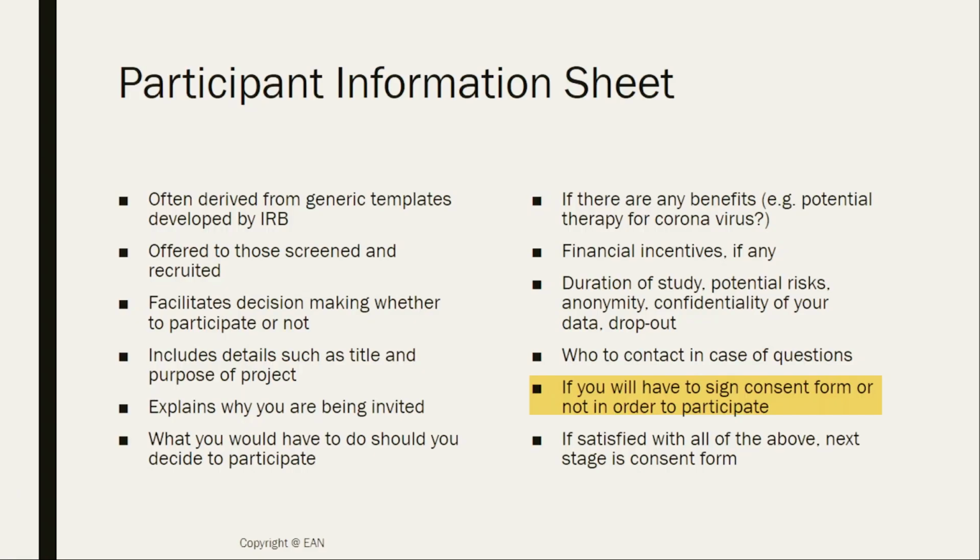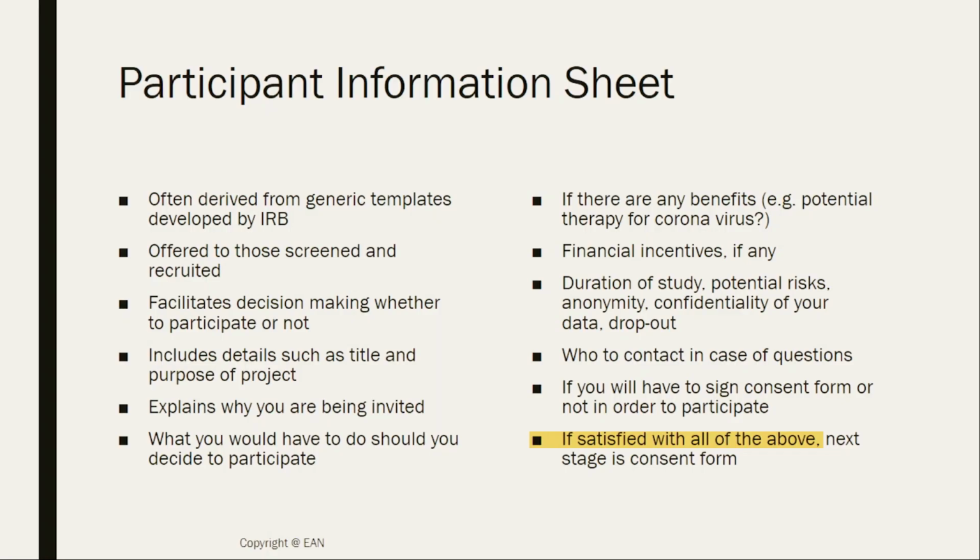Whether you will have to sign a consent form or not in order to participate, this information is usually included. So you know whether your decision to participate means you will sign a consent form, an agreement that you will have to sign, or you will not have to sign. That means the study does not require a consent form.